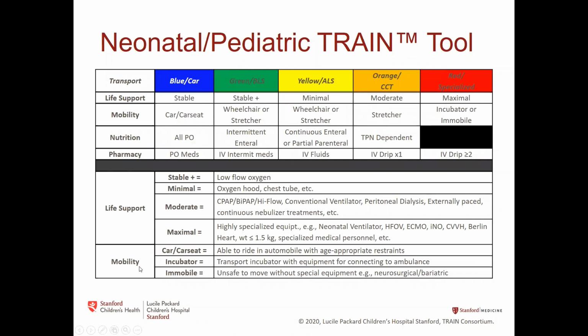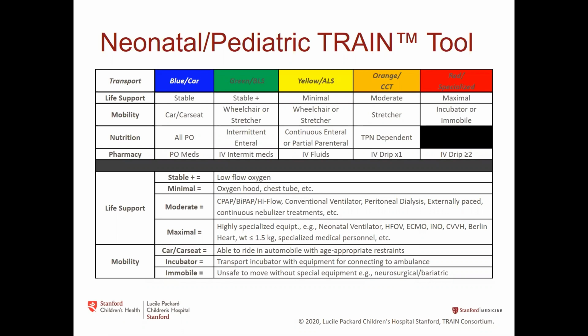So this is looking at the pediatric TRAIN tool now that encompasses pretty much all of pediatrics, and quite frankly is applicable to adults too, but we won't go there today. You can see the 4 domains: life support, mobility, nutrition, and pharmacy, and you can see the 5 transport categories. And whichever transport category is the patient's need farthest to your right, that defines it.